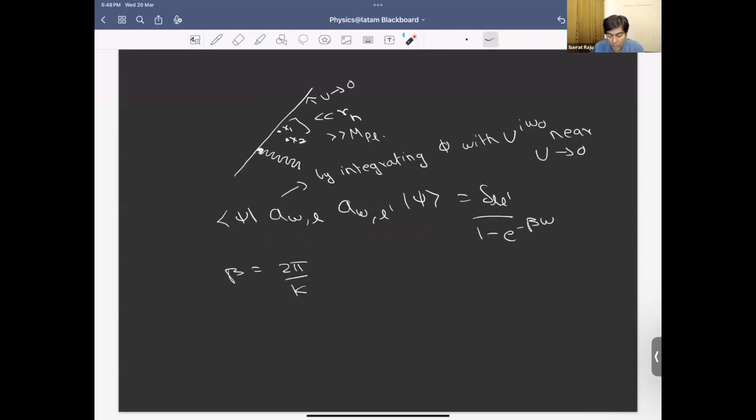Now, you might ask the following question. You might say, okay, maybe I did that, but the result that we wanted was the data here. Because what we really want to say is that the observer who's here sees some outgoing radiation out here.